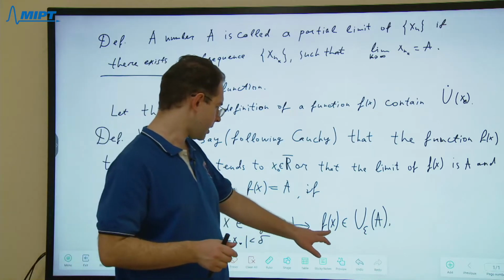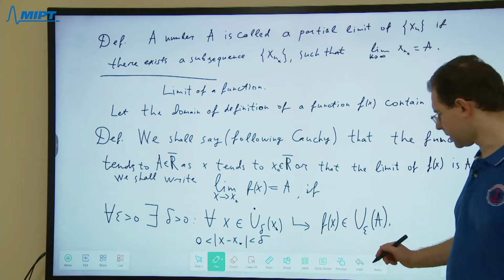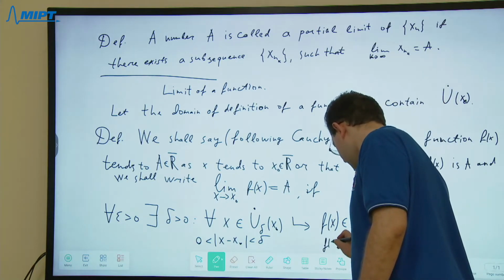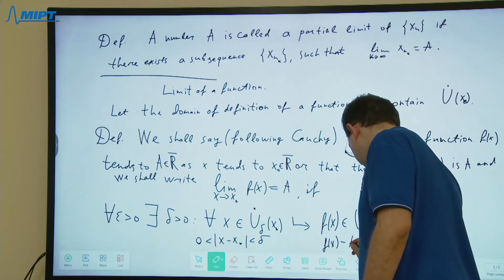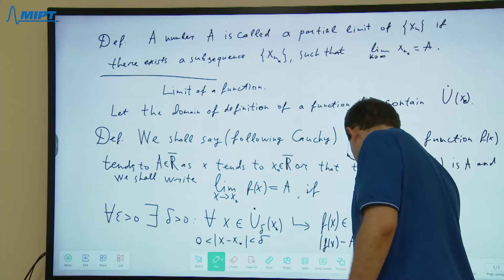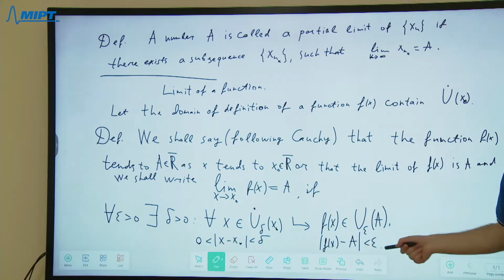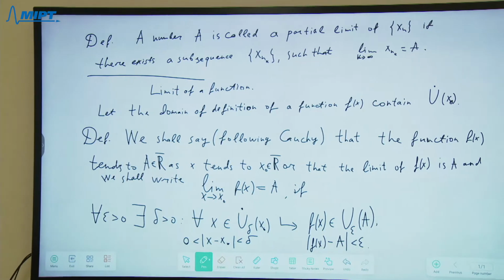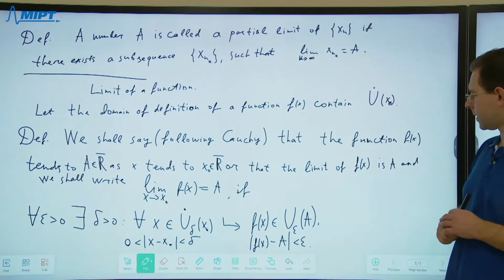Similarly over here, if a is a finite number, then the absolute value of f of x minus a is less than epsilon. Okay, so this is for finite numbers. So this is a definition of the limit of a function.